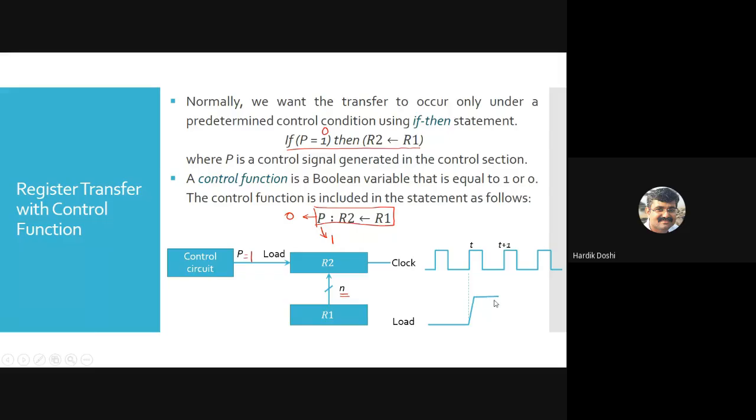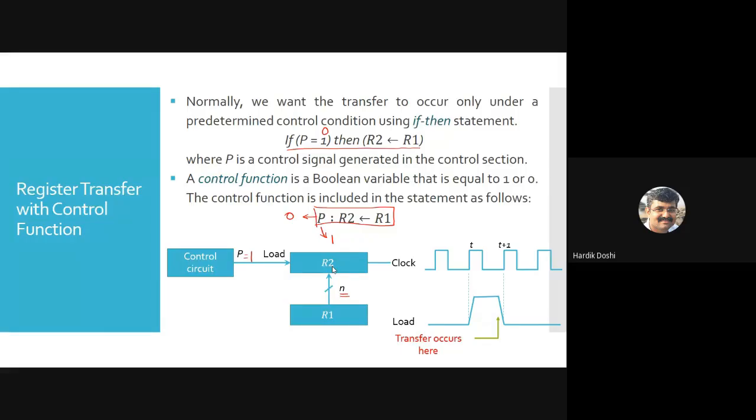But when it goes from 1 to 0, at that time the transfer from R1 to R2 should take place. So this is what is actually register transfer with control function.